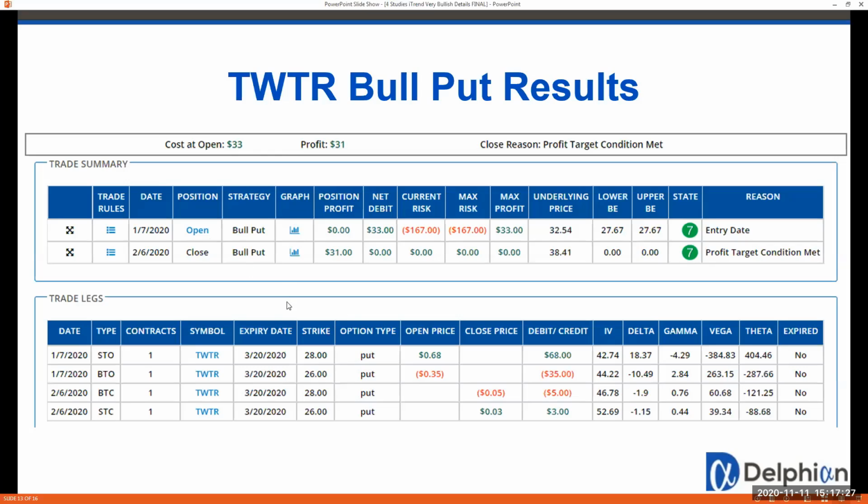So on a bull put spread, when you're selling a spread, the most you can make is the credit you receive to sell it. So the most we can make on this trade is $33. If you see a trade like this come up in the studies and you think, well, the most I can make is 33, obviously you have to use your judgment to say, that's not the best of credits that I'd want to receive to actually place the trade and take on that risk.